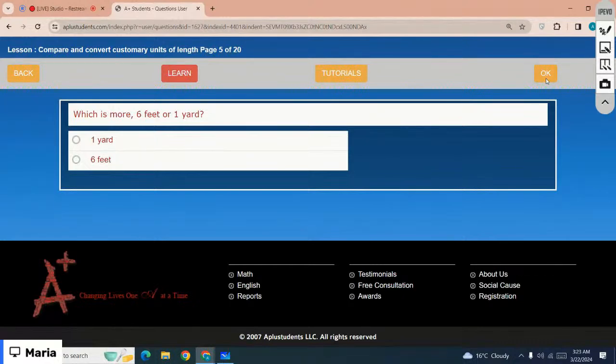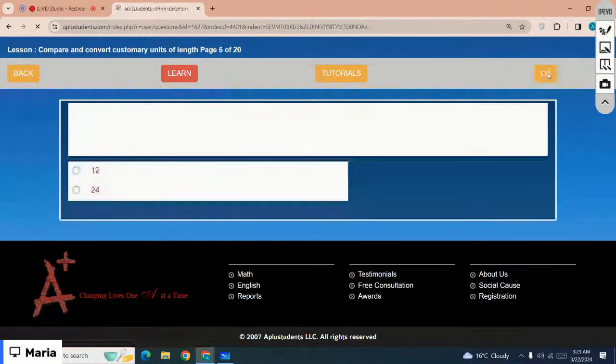So obviously 6 feet is more. 6 feet is more, right? 1 foot equals how many inches? The correct option is 12 inches, right?